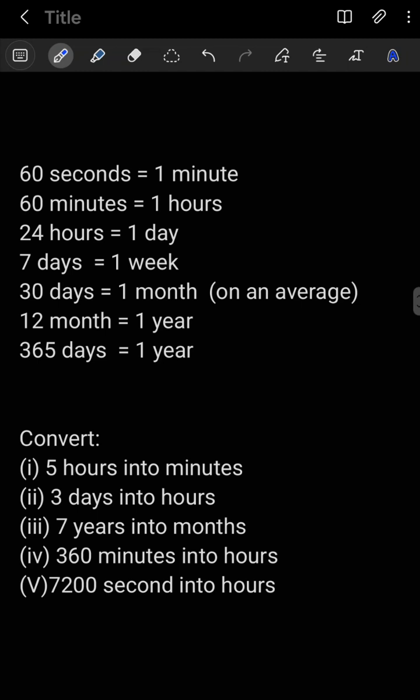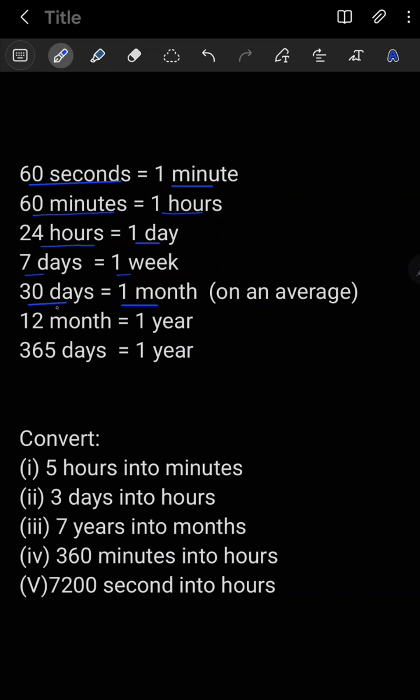About time. If you are converting time, what we know is that 60 seconds is equal to 1 minute, and 60 minutes is equal to 1 hour. 24 hours is equal to 1 day. 7 days equal to 1 week, 30 days equal to 1 month on an average, because some months have 29 days, 28 days and 31 days.